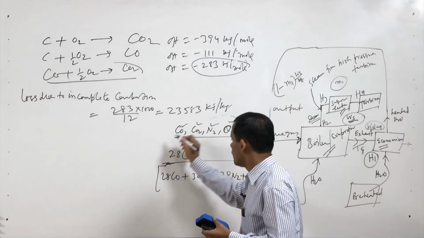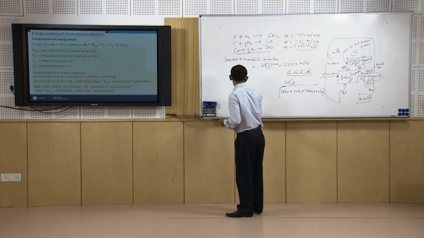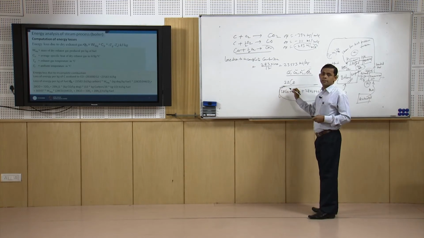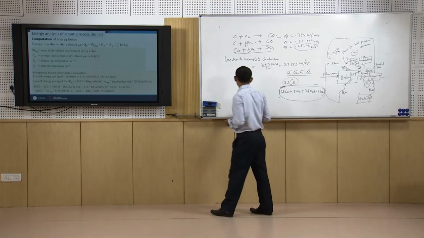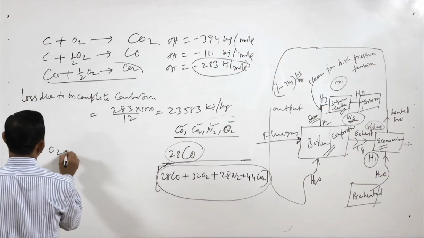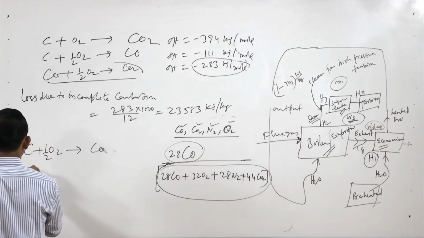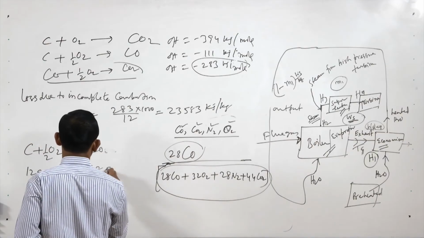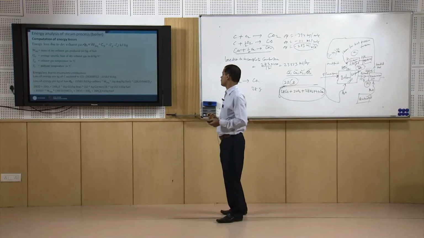So, that will be the mass ratio. Out of this much total flue gas, this much will be the CO. Now, C plus O2 gives us CO2, and C plus half O2 gives us CO. So, 12 gram of C will give us 28 gram of CO.